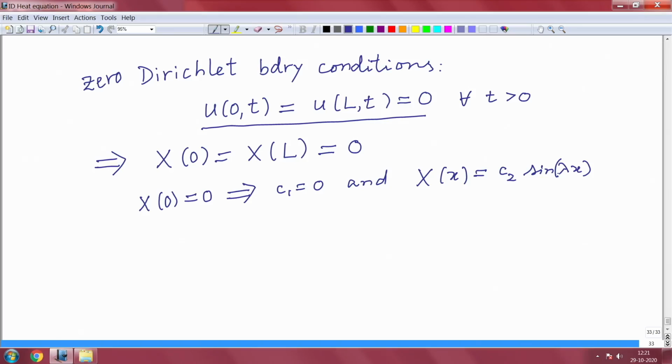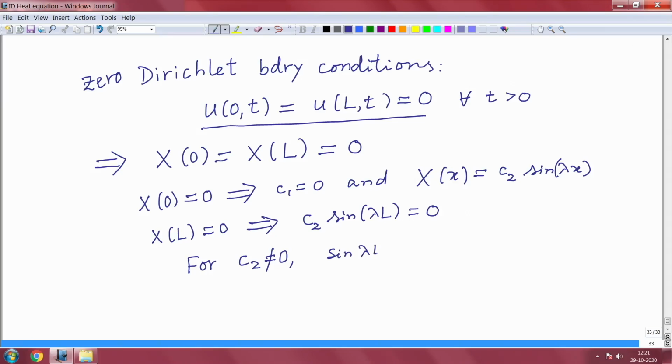The other boundary condition, namely X(L) equal to 0, implies C2 sin lambda L is 0. So, if you take C2 equal to 0, then X is identically 0, we are not interested in the trivial solution. So, for C2 non-zero, this sin lambda L should be 0.